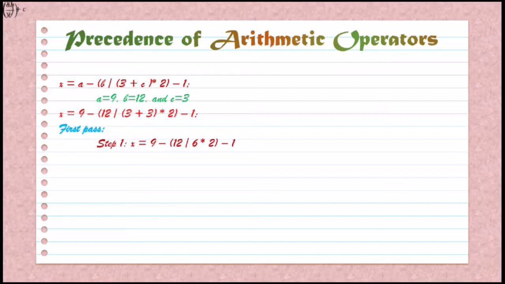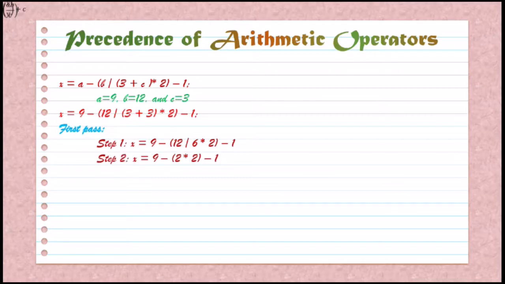So in step 2, solve the bracket from left to right. In the bracket, the expression is 12 divided by 6 into 2. So first try to solve 12 divided by 6.